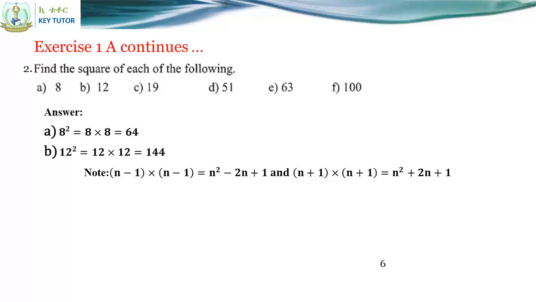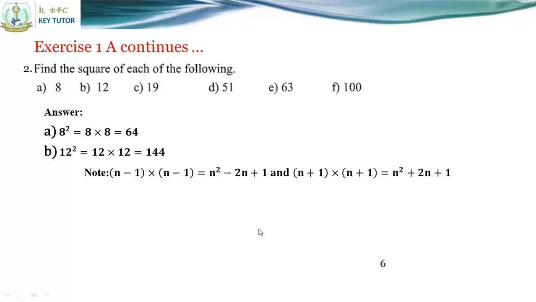This time we may introduce one little bit very important trick. 20 square, you know, it is 400, but 20 minus 1, you know, it is 19. Then we want to use this relation.